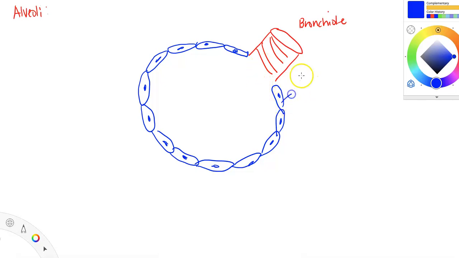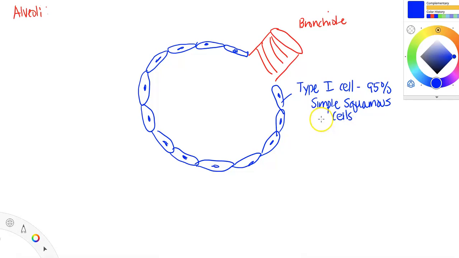The first type is called a type 1 cell. 95% of these cells are type 1, and these are simple squamous cells. These are the main cells that make up the wall of it.